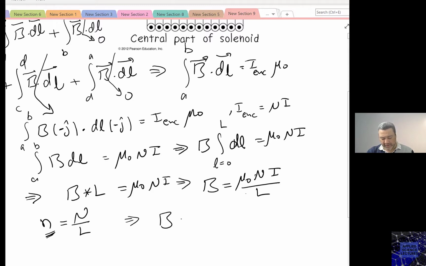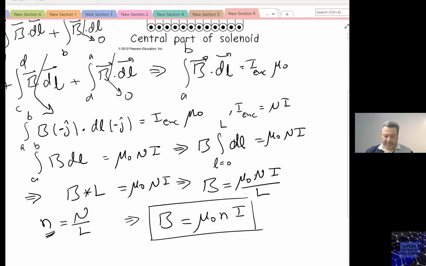Then I can write the magnetic field magnitude in terms of this mu naught n I for the solenoid. So this is the magnetic field for the solenoid.